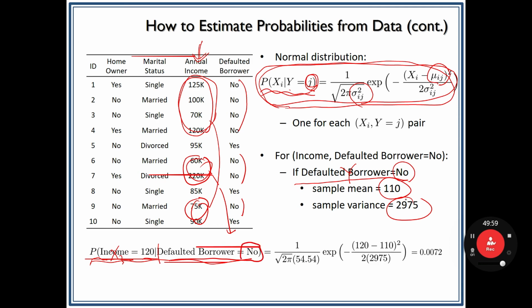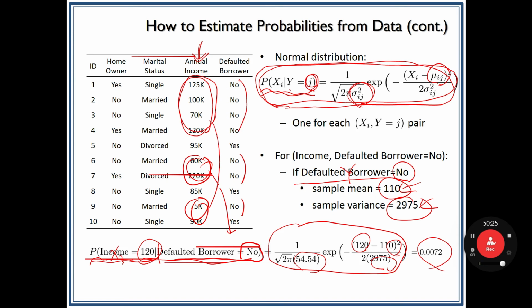Based on the estimated parameters, we can use the probability density function of the normal distribution, replacing these parts with the mean and variance. Then we just put this 120 here, and we can calculate the probability density function value.